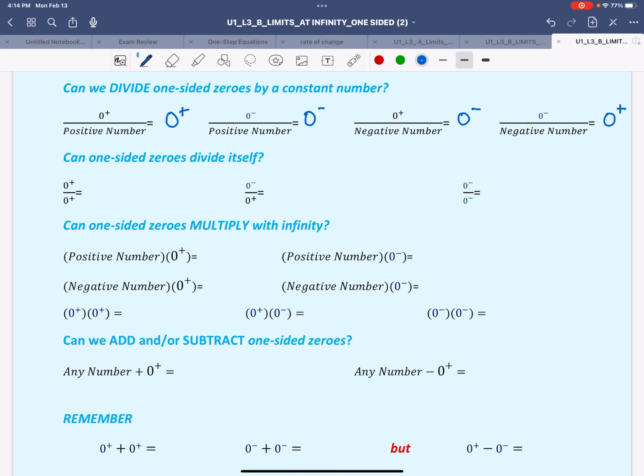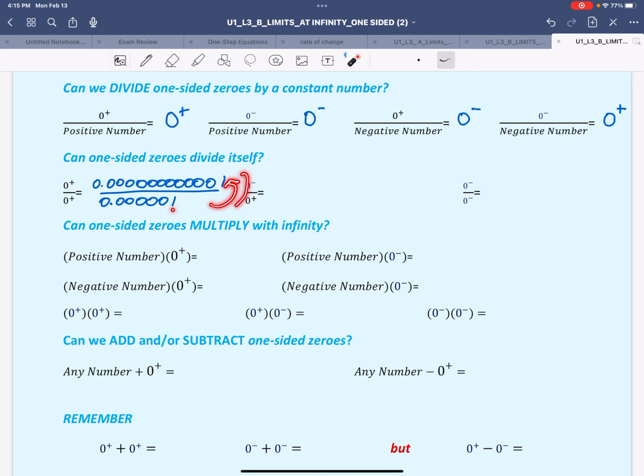Now, the next question is, can one-sided zeros divide each other? If you have 0 plus divided by 0 plus, that means that we have 0.0000 indefinitely close to 0, over 0. And this 0 here may be this much close, for example. So these are two different 0 pluses. You don't know how close each of them is because these are, again, indefinite numbers. If you divided this, you would get quite a small number.